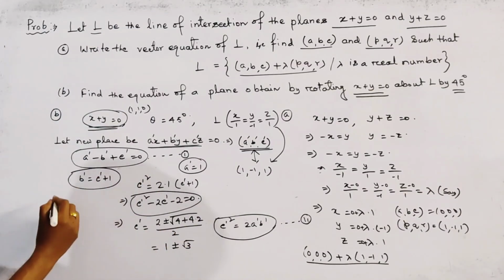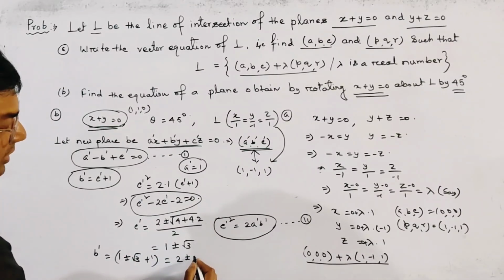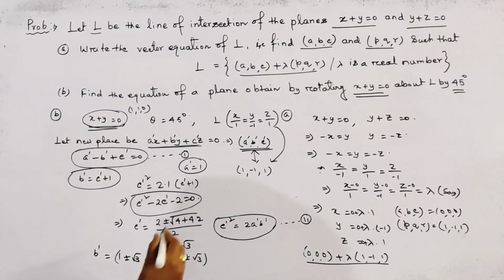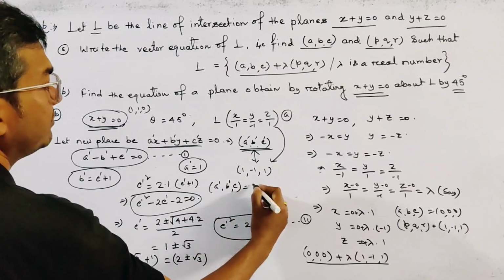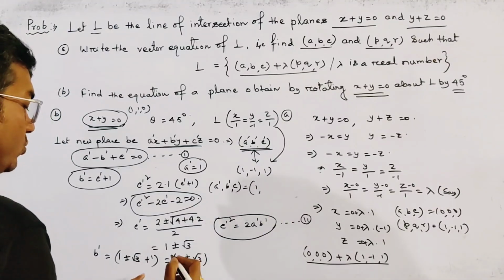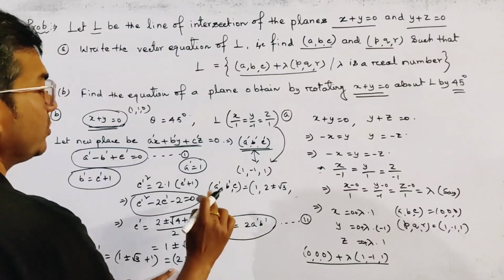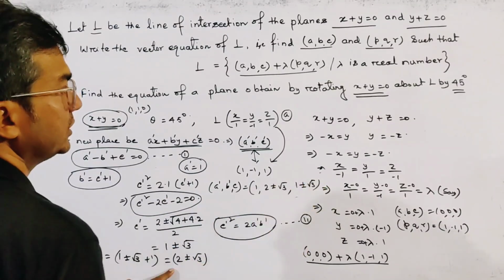If we put this value of c' here, then we get b' equals 1 plus minus root 3 plus 1, so we get 2 plus minus root 3. So we get two pairs of values of a', b', c'. These are 1, and the value of b' is 2 plus minus root 3, and the value of c' is 1 plus minus root 3.